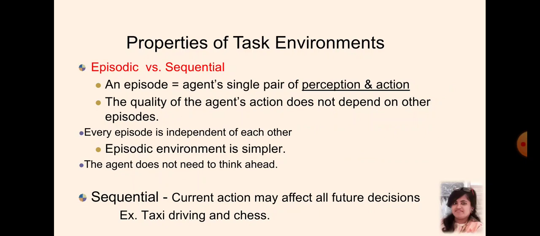If the quality of the agent's action does not depend on other episodes, then that particular environment is episodic. That is, every episode is independent of the others, and this makes the episodic environment much simpler, and the agent does not need to think ahead. That is the episodic environment.